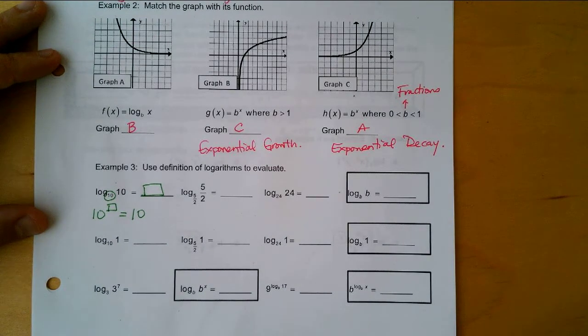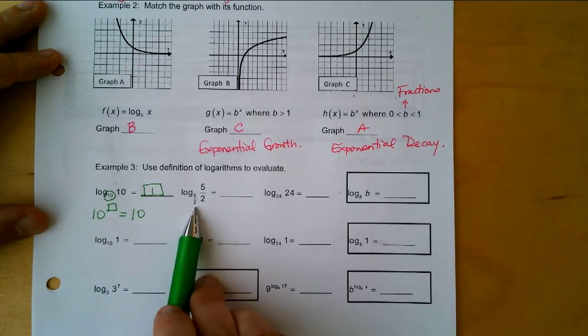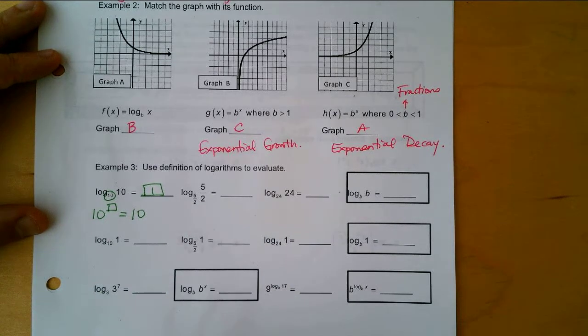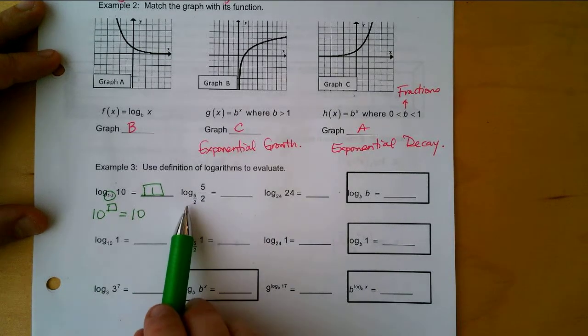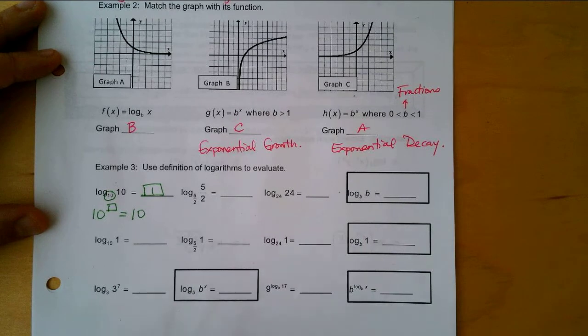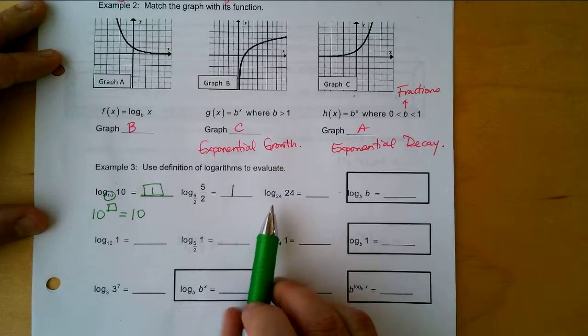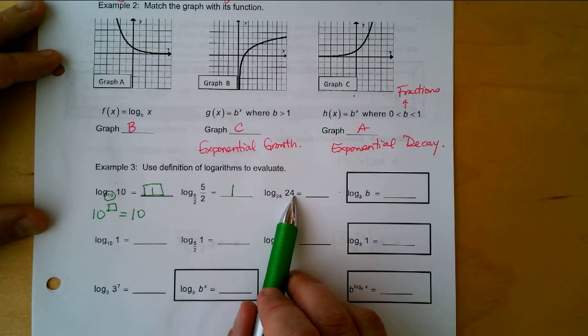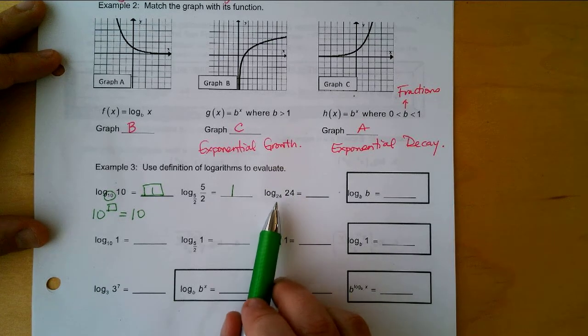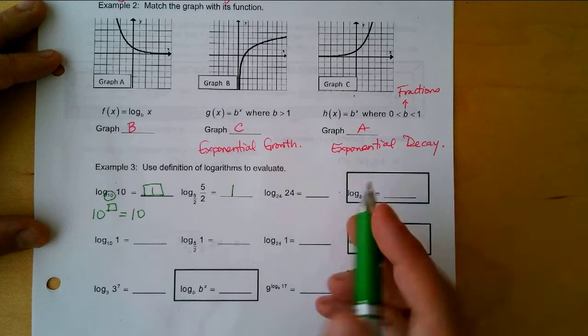So what would you say the exponent would have to be? 1, exactly. Notice here, log base 5 halves of 5 halves, what do you think the exponent would have to be? What's the exponent on 5 halves that gives you 5 halves? Also 1. Log base 24 of 24, you're starting to see a pattern here. What do you think? 24 to what power gives you 24?